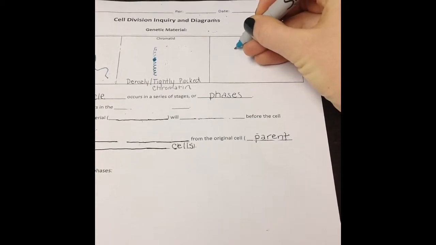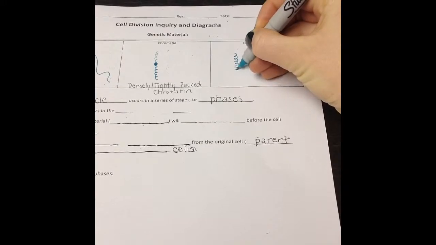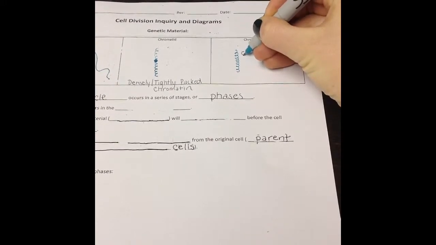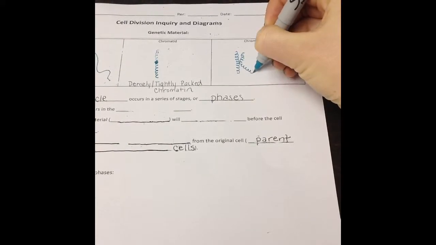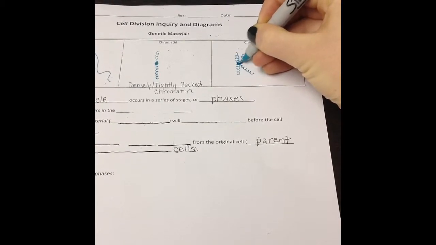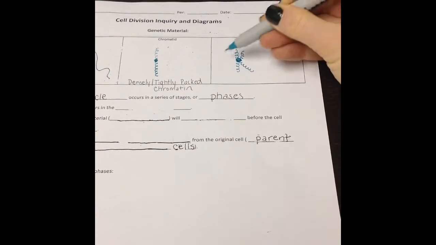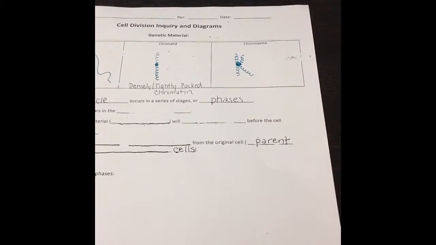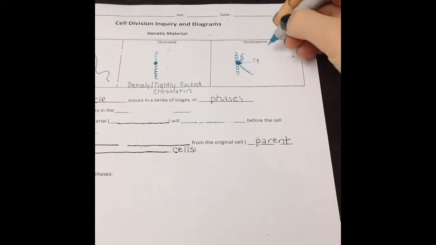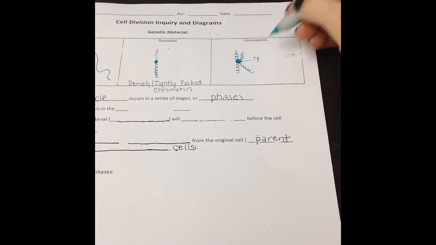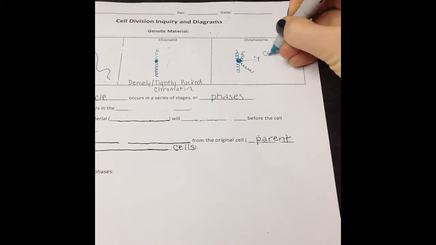It's no more than two chromatids packaged up together, and this whole thing is called a chromosome. The center dot that I keep drawing is what holds the chromatids together, and this is called the centromere.